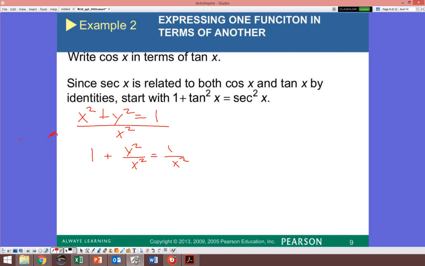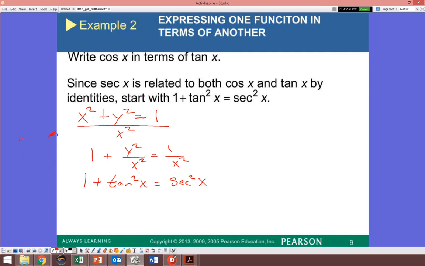And 1 over x is secant, right? So 1 over x squared is secant squared. Okay, so this is going to be a new way of doing this. So 1 plus tangent squared equals secant squared. So I just made this from this.